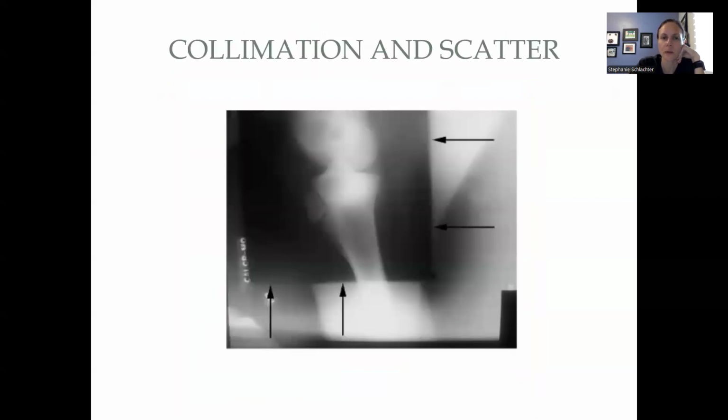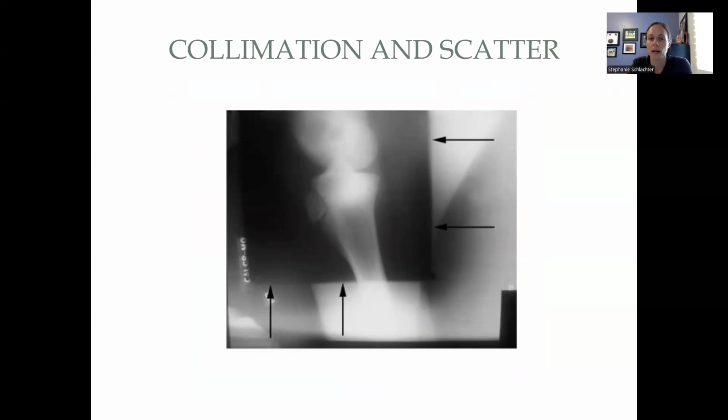So I always like showing these kinds of pictures. You don't get to see this really with digital, but those black arrows on this picture are actually pointing to where the collimator was set on this patient. But you can see there is still stuff being picked up all around this image. That's all from scatter radiation, okay?